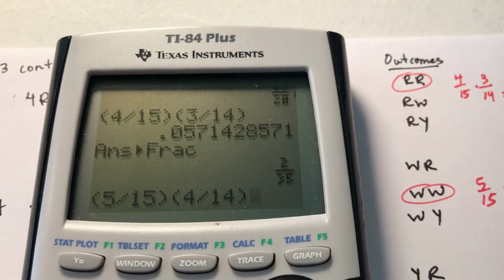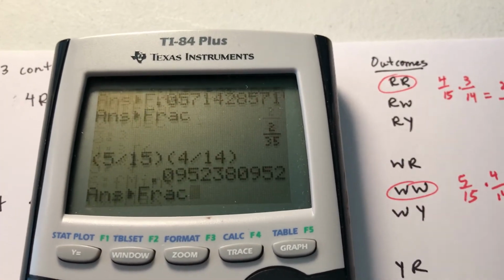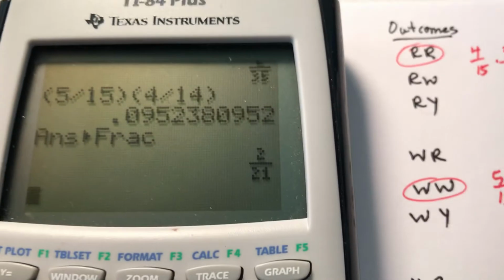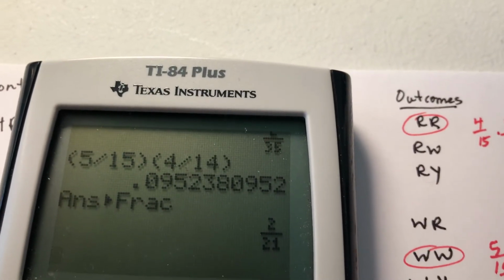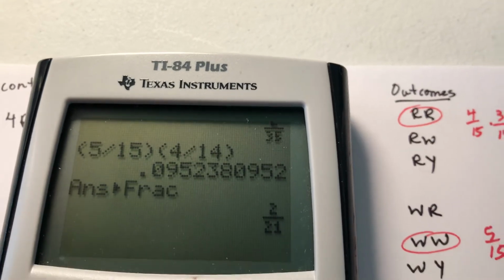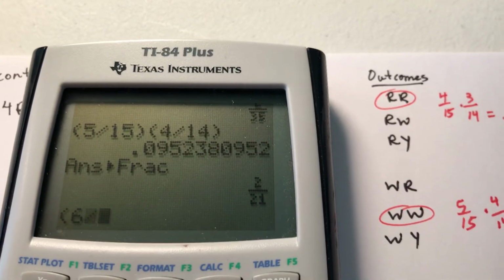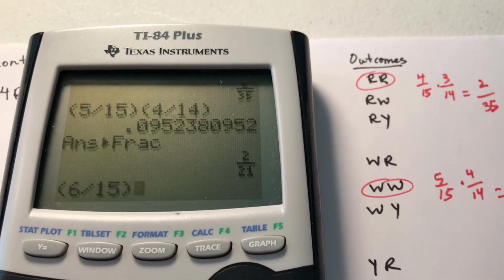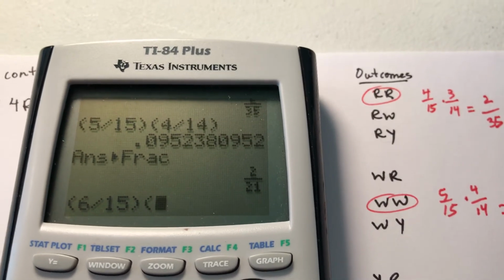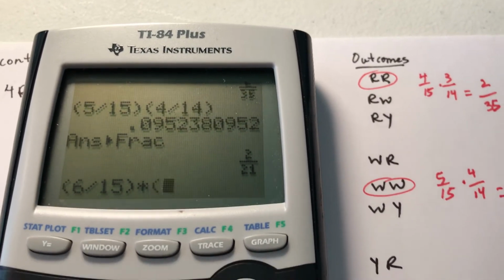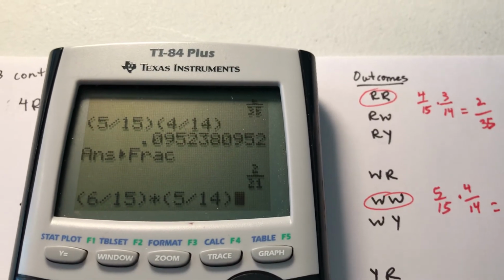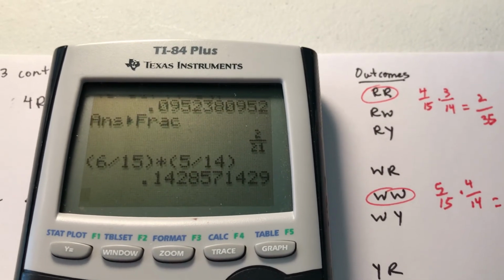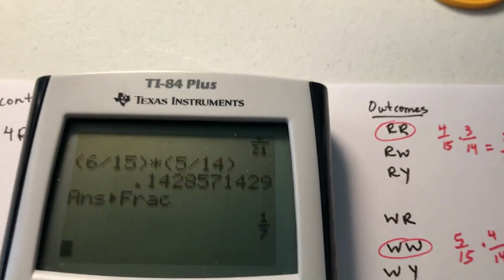Enter. Math, enter, enter. Gives me 2/21. And then the last one is 6 divided by 15 times, and I'm just setting them next to each other. You could put a times if you wanted. 5 divided by 14. Make sure I put that in there right. And math, enter, enter, gives me 1/7.